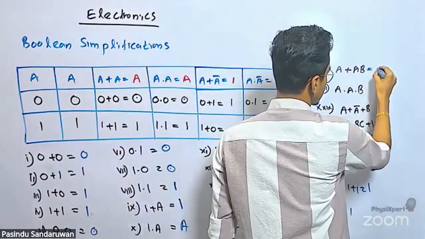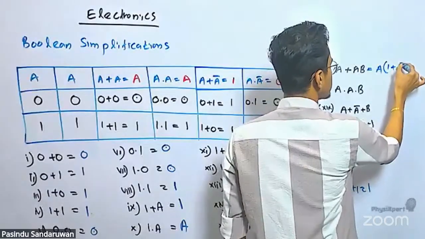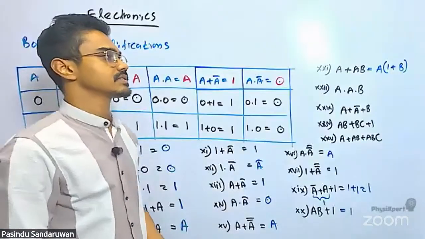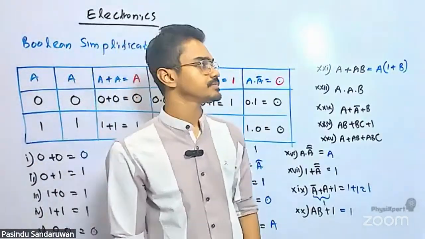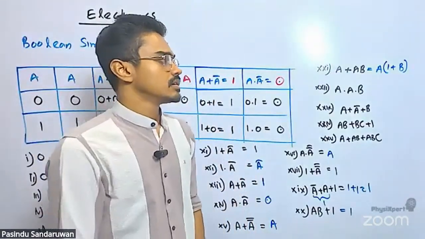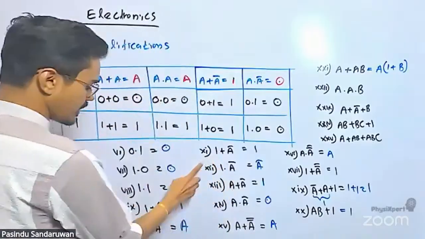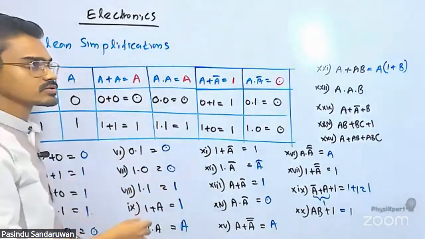Now this expression can be written as A times 1 plus B. 1 plus B is 1. We simplified it like that here. Just like 1 plus A is 1, likewise 1 plus B is also 1.